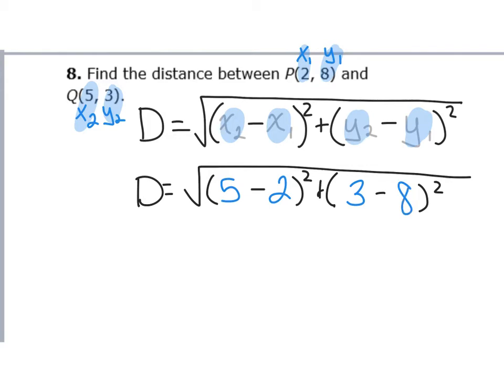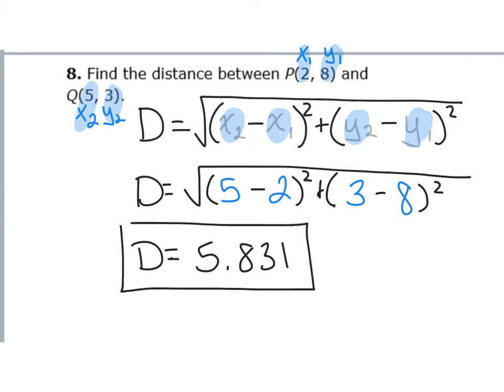There's no minus and negative, so I don't have to change anything to a positive. I can go straight into my calculator. Again I get a decimal, which rounds to 5.831. Again, that's not the same as 9 or 6 or 5. It's 5.831.